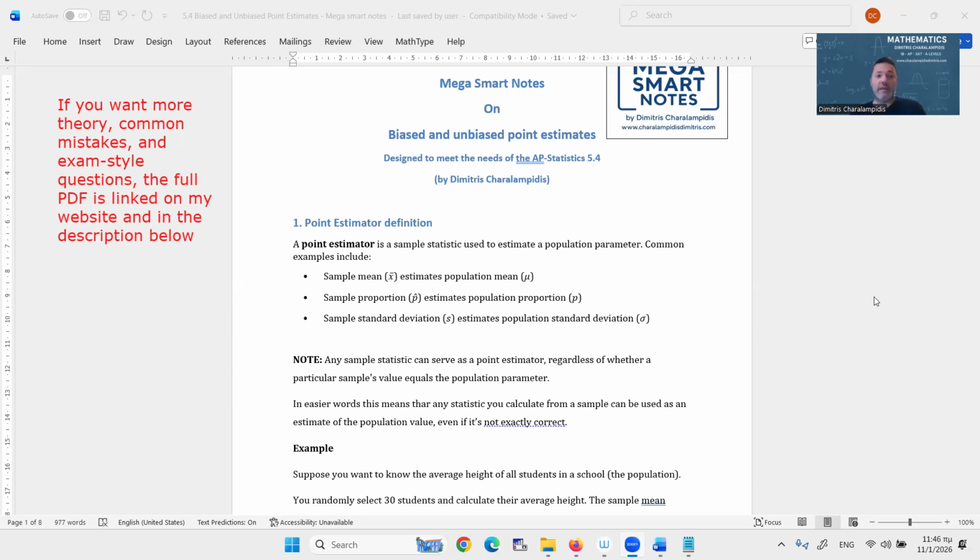Now, it's very unlikely that 168 will be exactly the true population mean, meaning the true mean for all students in that school, but it is still our best single number estimate based on the data we collected.